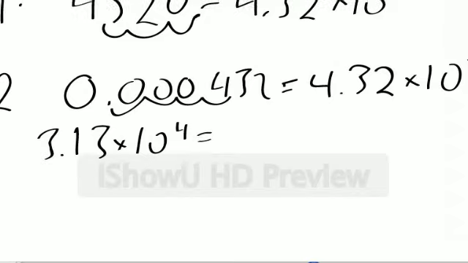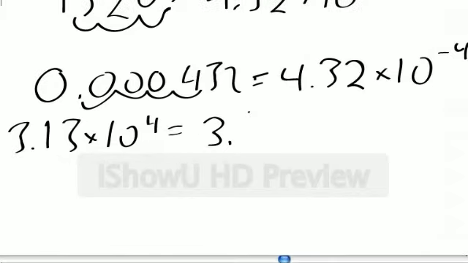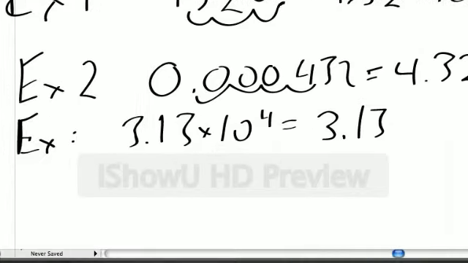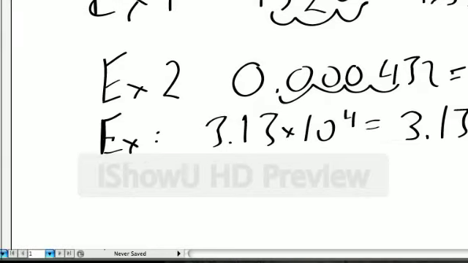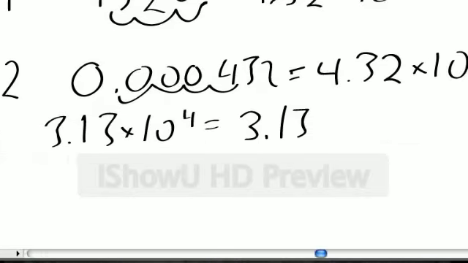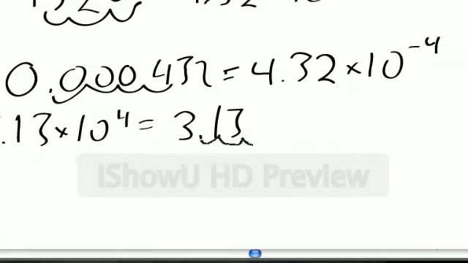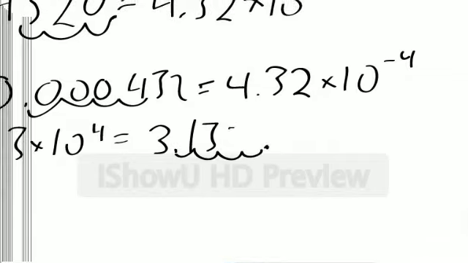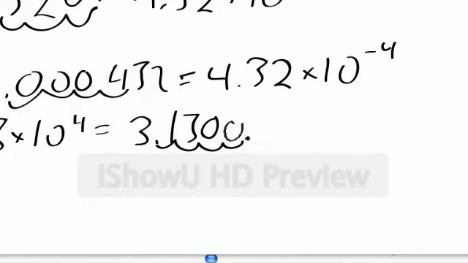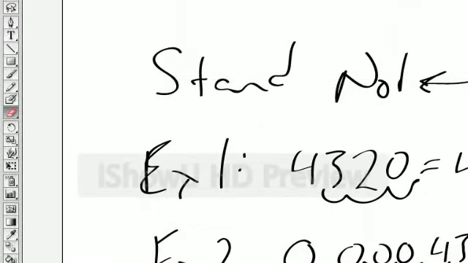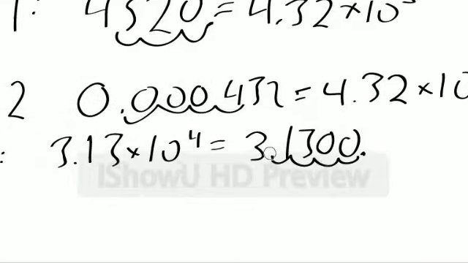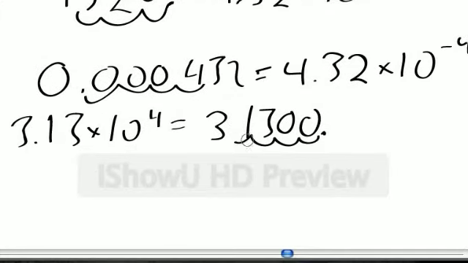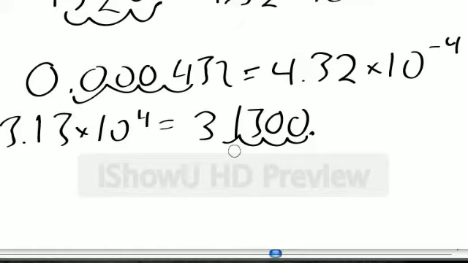So where normally the number was 3.13, now I'm going to move the decimal place over 4 spots to the right. So I started right here, I move it 1, 2, 3, 4, and that's where I place the decimal. Now in these spaces here I'm going to have to put zeros. And then grab my eraser, I get rid of that decimal, and my number is 31,300.